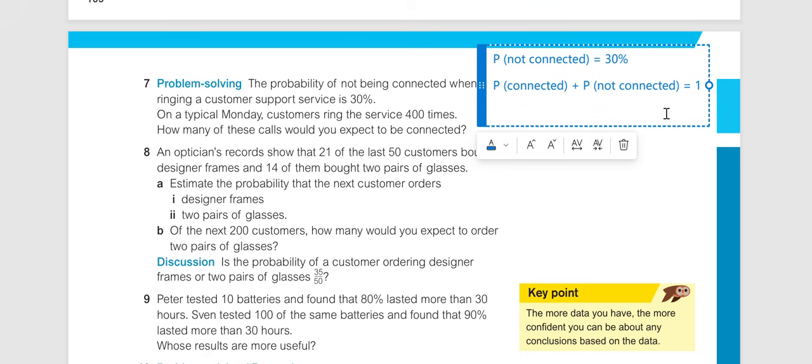All the outcomes, if you add them in total, are going to end up as 1. So if you're finding a probability, it is always going to be between 0 and 1, right? Then how do you find the probability of connected? Probability of connected is equal to 1 minus, I'm going to get this not connected part to the other side.